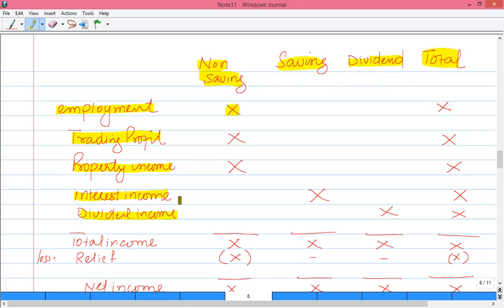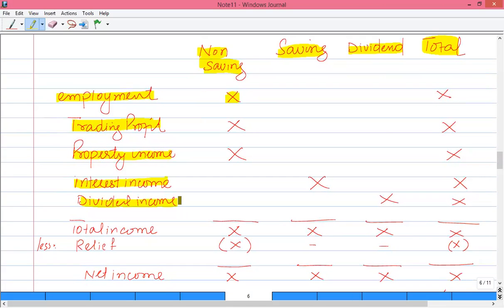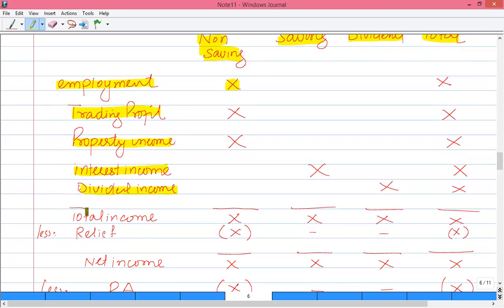So all sources of income, you just list down in the relevant column, and after that you total all of the columns, and then you will find the total income, that is total non-saving income, total saving income, and total dividend income.